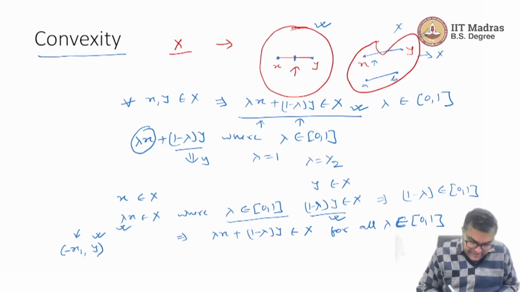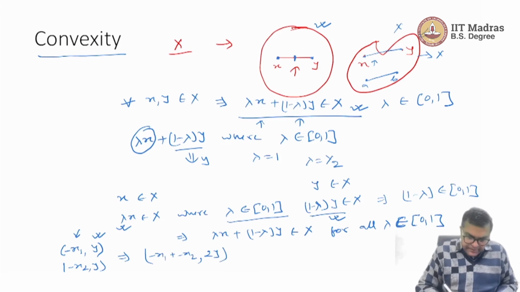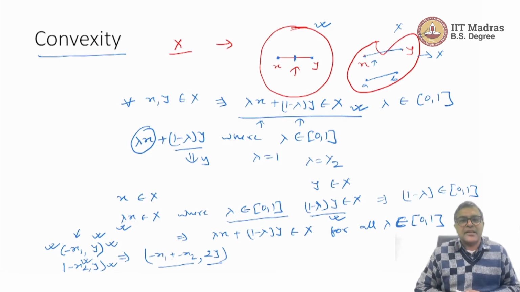If minus x1 can produce y, and minus x2 can also produce y, it means that minus x1 plus minus x2 should be able to produce 2y. The idea is very simple: produce y using x1 and produce y here using x2, you get 2y, you end up consuming minus x1 minus x2.